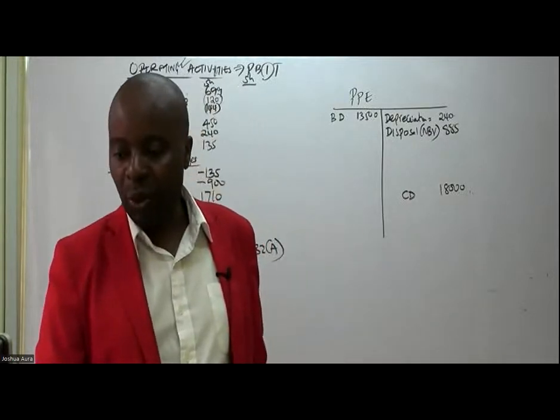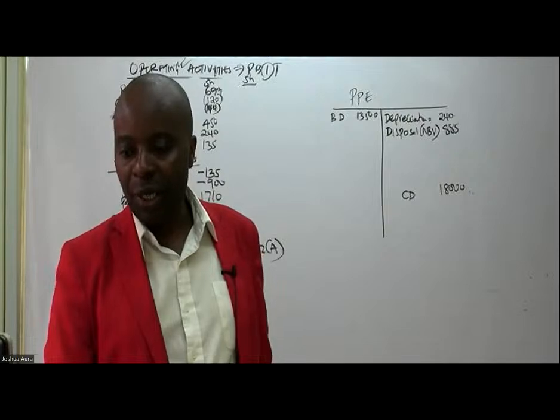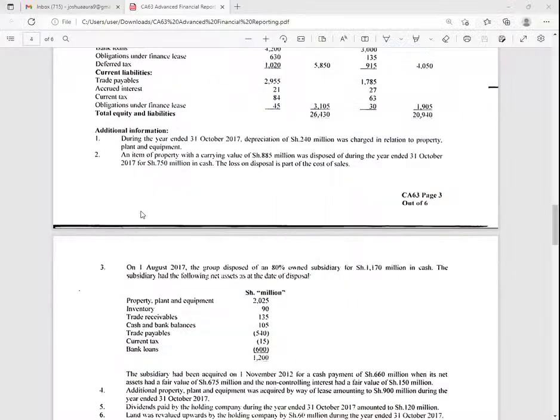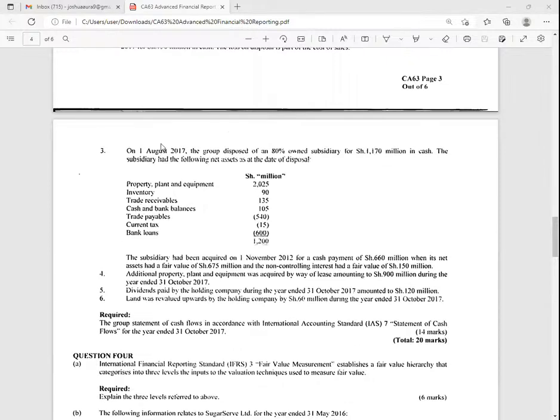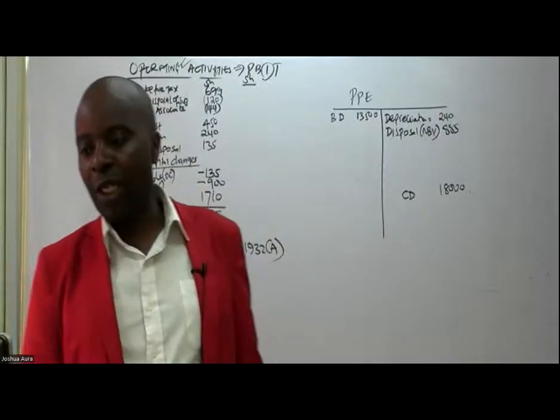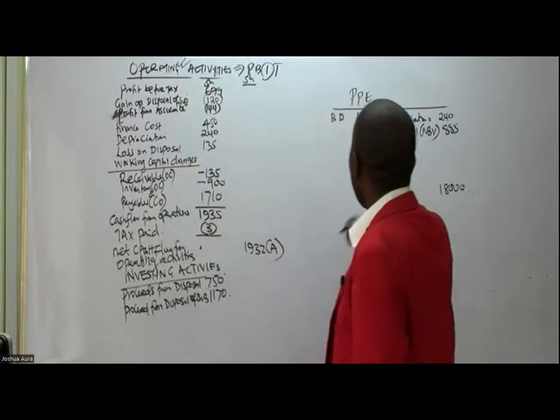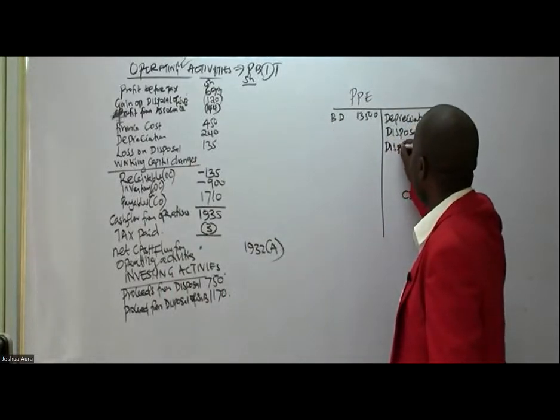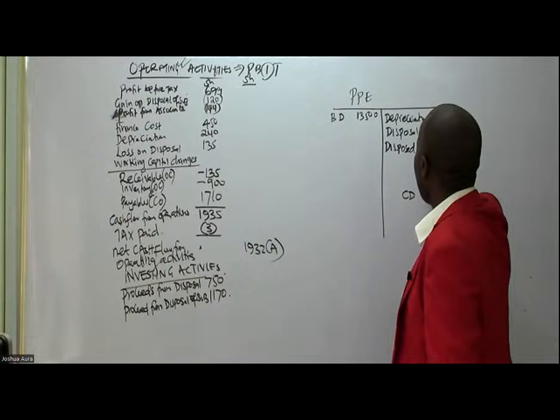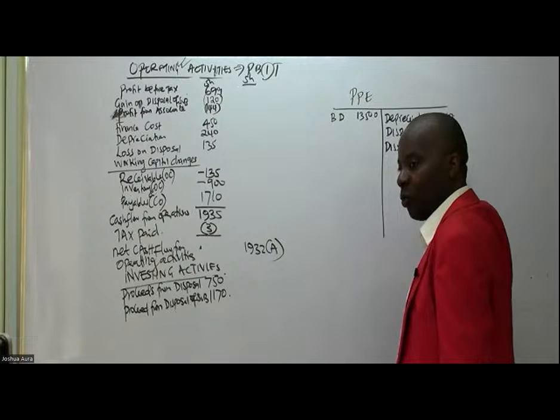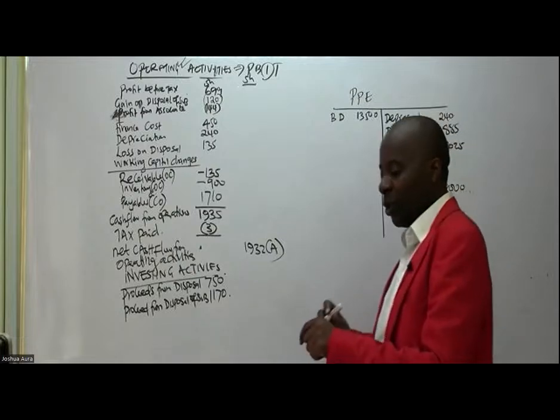They've told us the disposed subsidiary had a PPE of 2025. Since it is reducing our value, it has to be on the credit side.